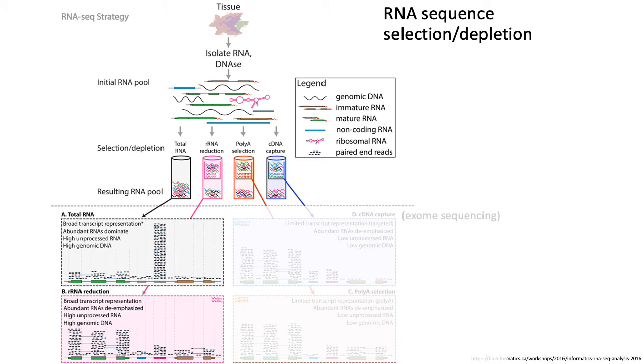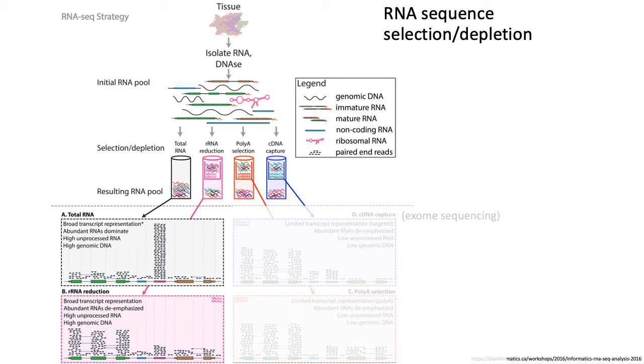The next least selective procedure is what's called ribosomal RNA reduction. And so here the idea is that you're trying to specifically deplete the ribosomal RNAs by hybridizing those ribosomal RNAs to specific oligonucleotides. And so the idea is that when you capture these ribosomal RNAs and immobilize them, then basically all your other RNA molecules can be washed through and used as input to RNA-seq library construction.